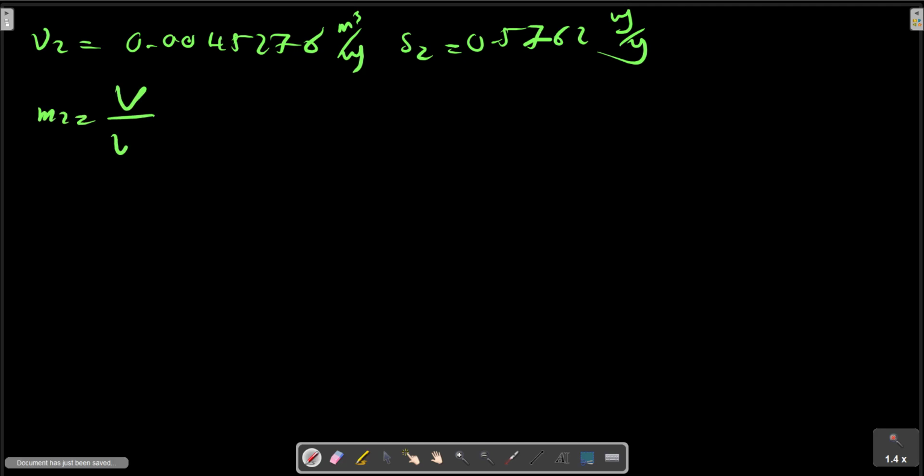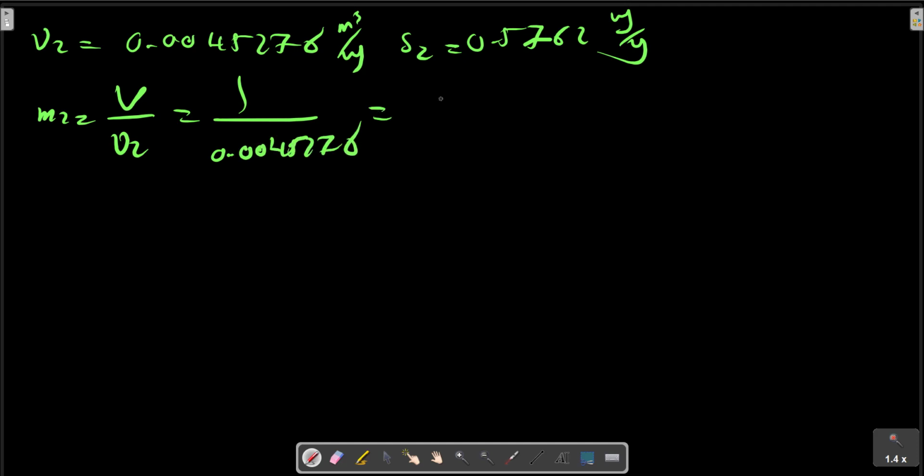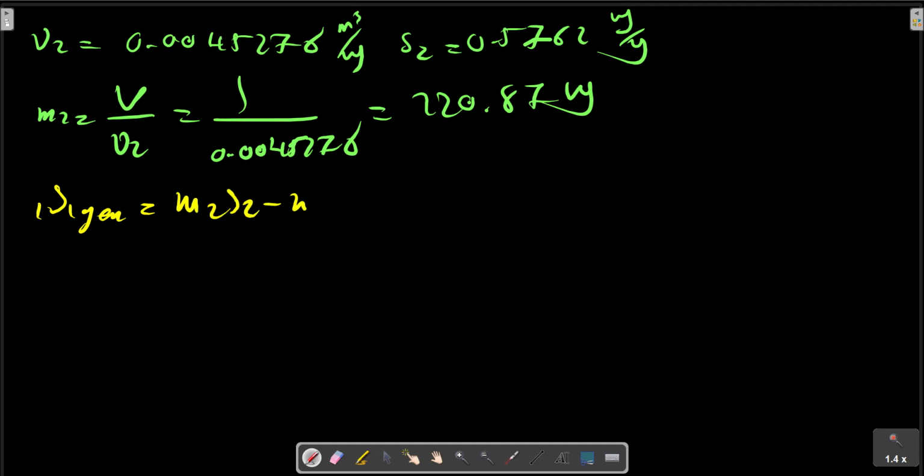m2 is V on v2. Entropy generation: m2 s2 minus m1 s1.